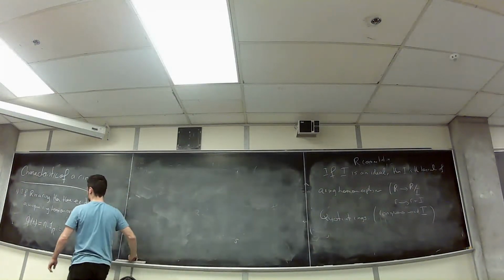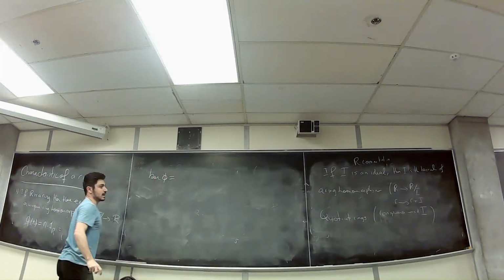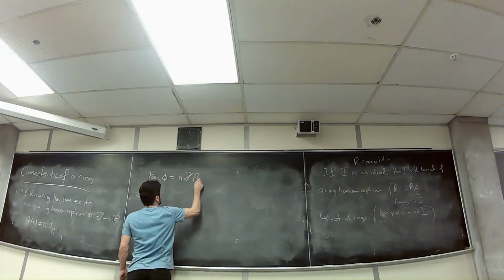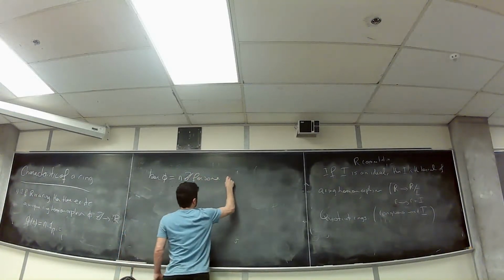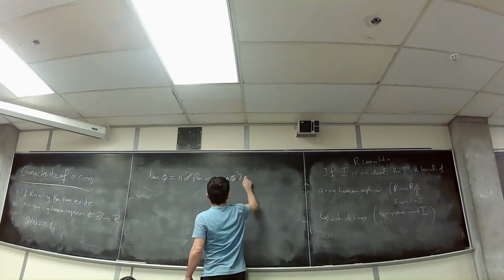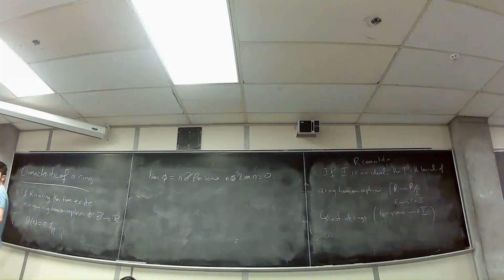The kernel of phi is equal to nZ for some n, where n is bigger or equal to 2, or n is 0. This is the kernel of phi.